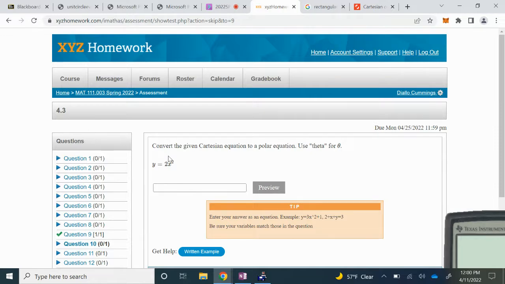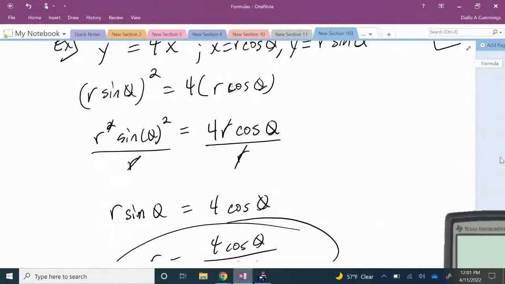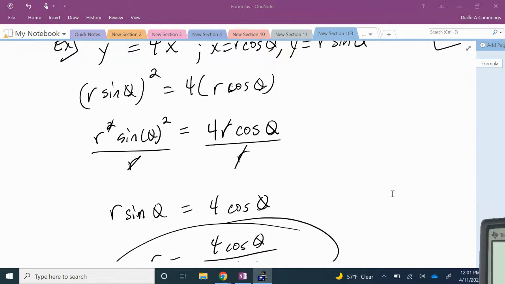But we're going to work out this particular problem. It says y is equal to 2x squared. I'm going to flip the screen around. Hopefully this doesn't knock out on me.